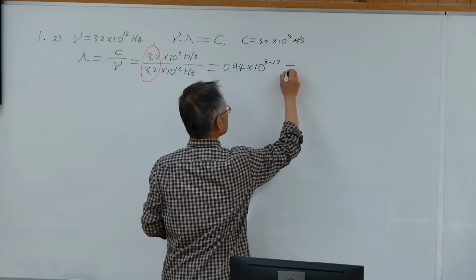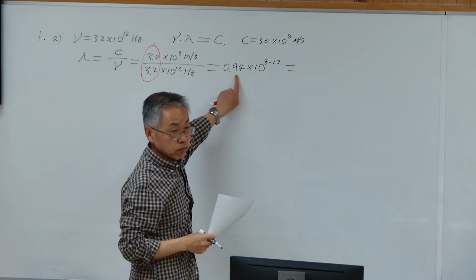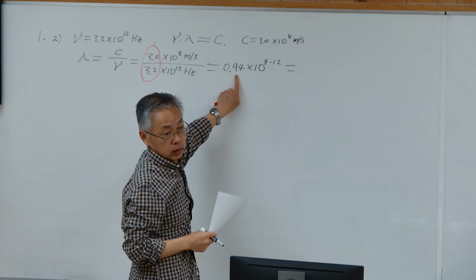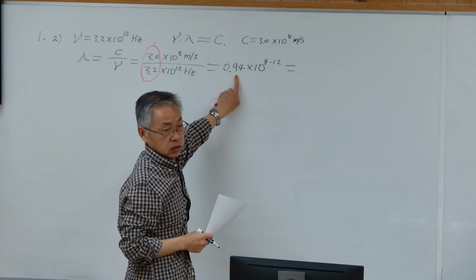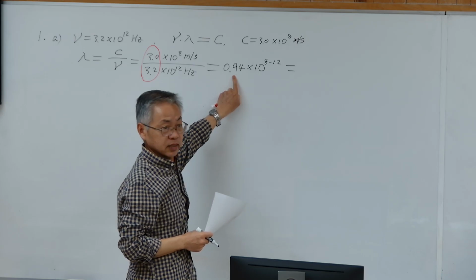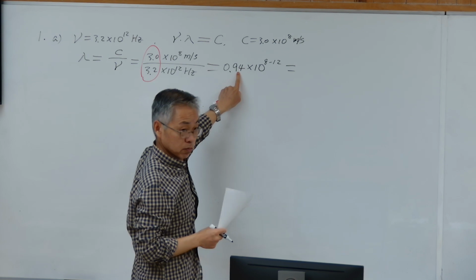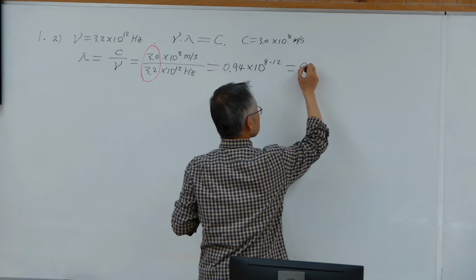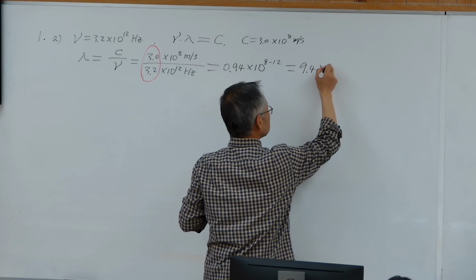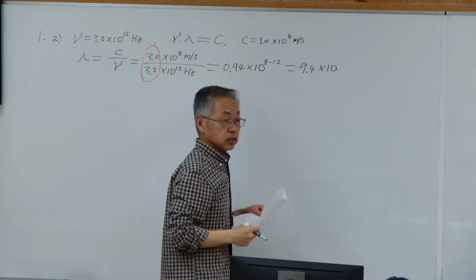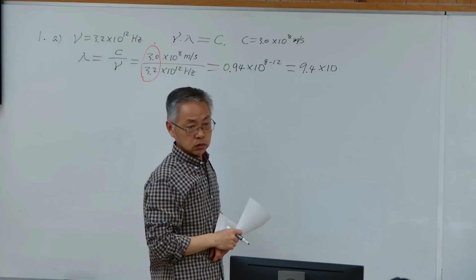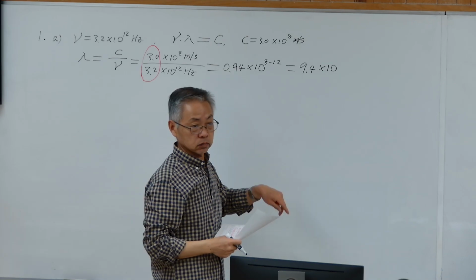Since this 0.94 is less than 1, and scientific notation requires a number greater than 1 and less than 10, we need to move 1 decimal place. It becomes 9.4. You move 1 decimal place, you enlarge it 10 times, then we need to get it back, so minus 1.